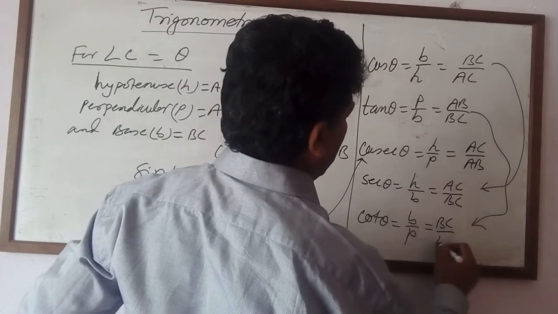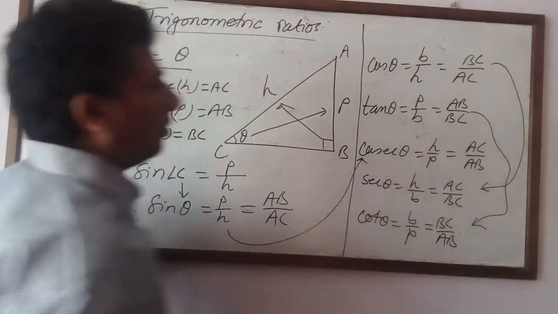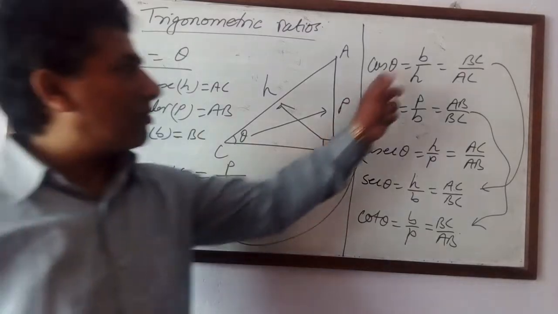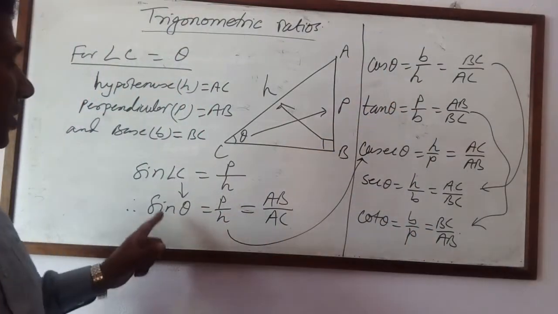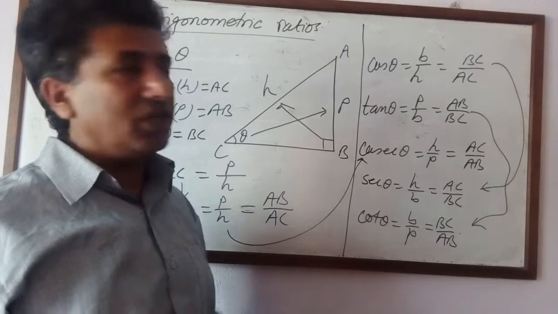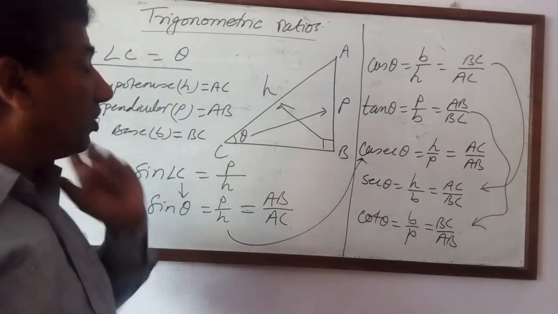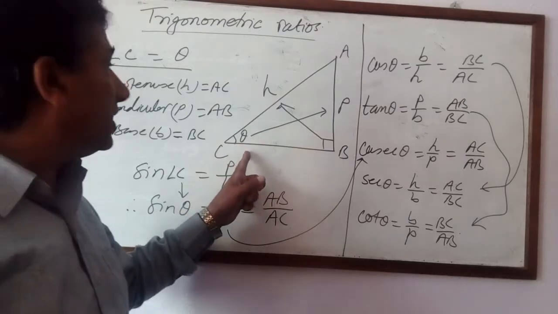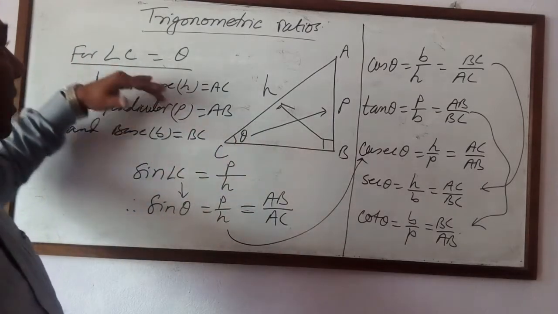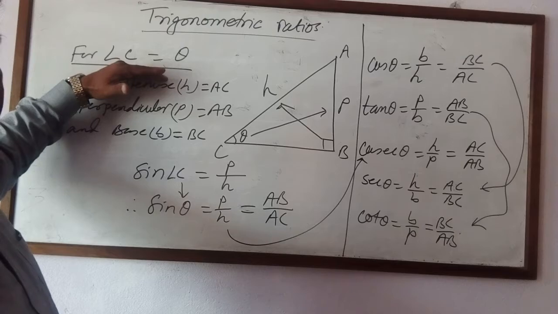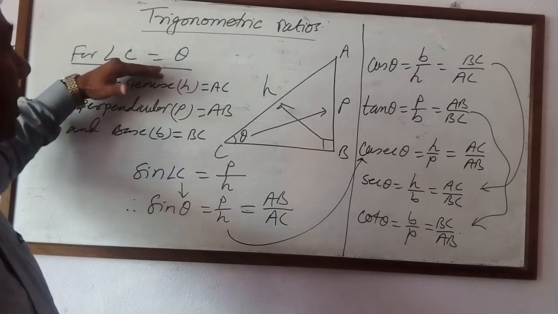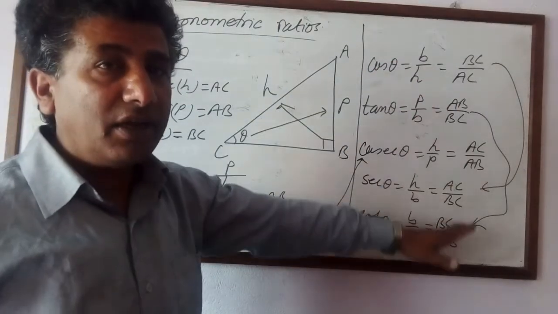BC by AB. Now first of all you have to understand trigonometric ratios. These 6 ratios, 1, 2, 3, 4, 5, 6. We have 6 trigonometric ratios. Now these 6 trigonometric ratios are with respect to angle C. I have taken angle C as reference, and on the basis of this angle C, I wrote their ratios.